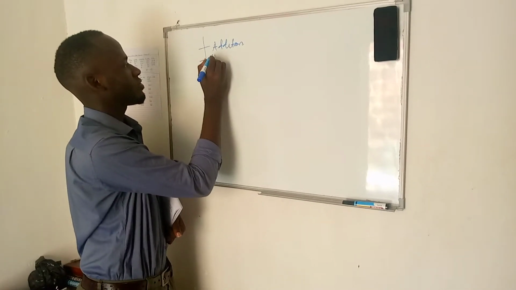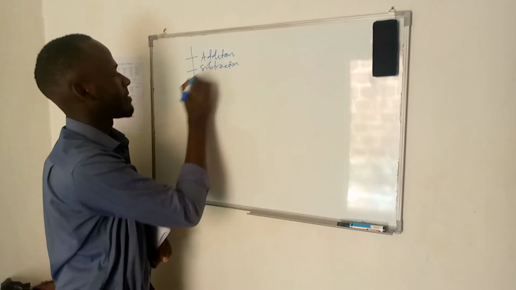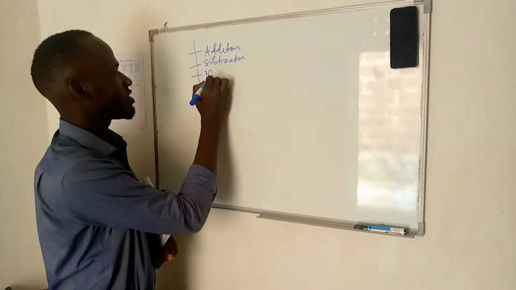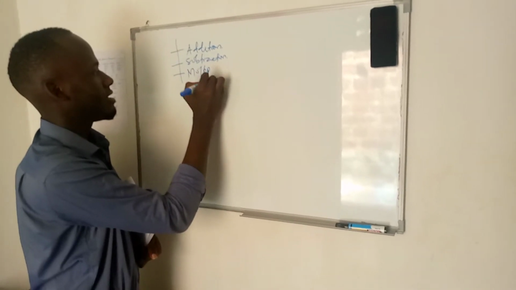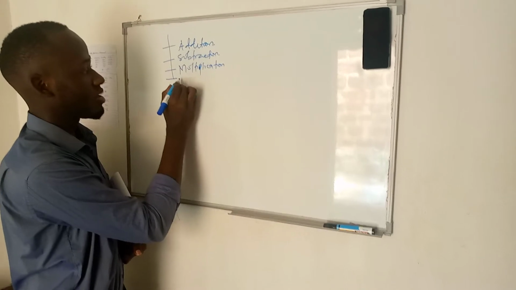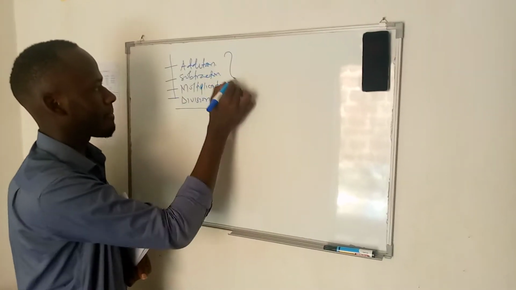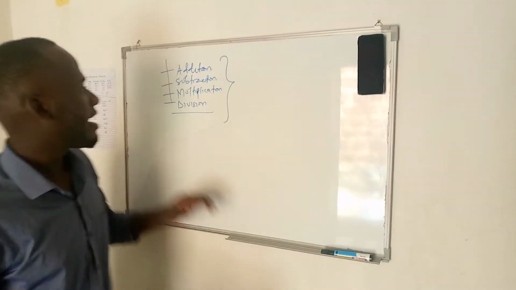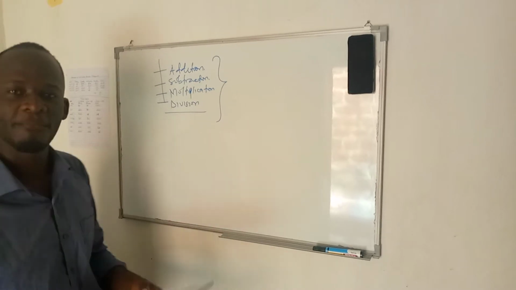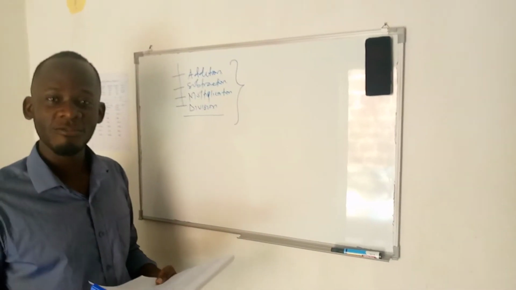The second operation is subtraction. The third operation is multiplication. And the fourth operation is division. We shall be looking at how functions are added, subtracted, multiplied, and divided in respective questions.